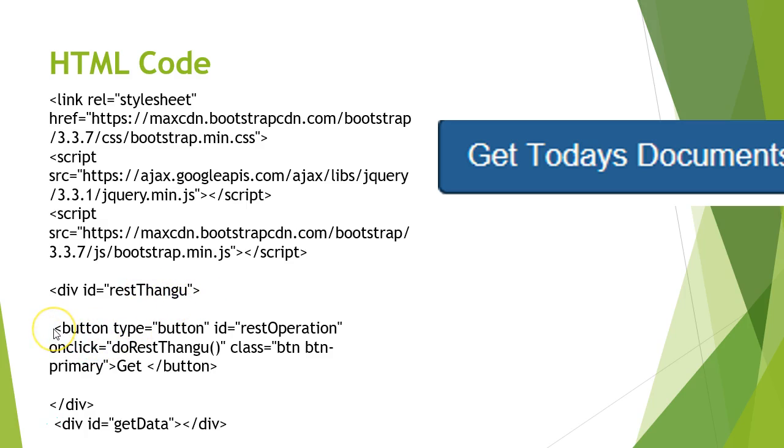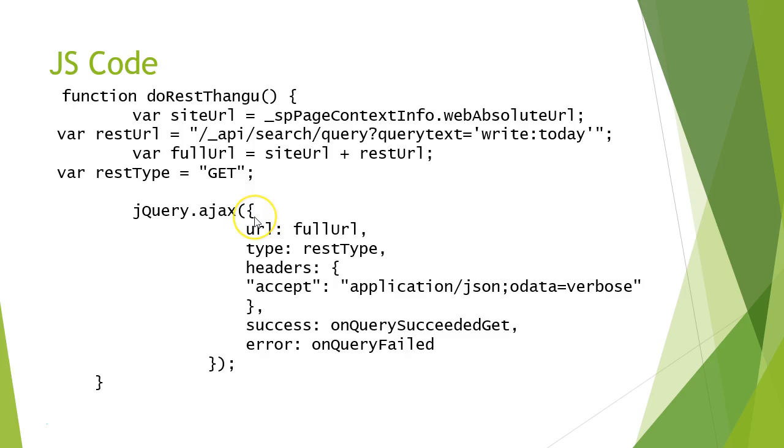And now we need to get the button where we're going to call the do REST Tango, which will do the complex functionality or simple functionality. And finally, I have the div ID get data where the results will be displayed. It can be a simple paragraph or list items or table based on your convenience. So I'm just having a simple button. It will look like this, get today's date. I'm using the Bootstrap button btn-primary to get the blue look.